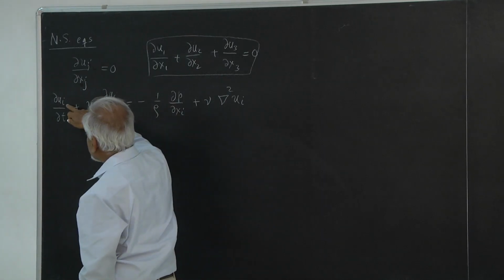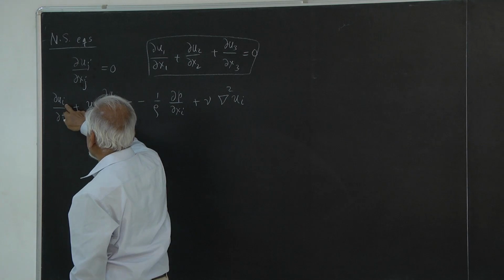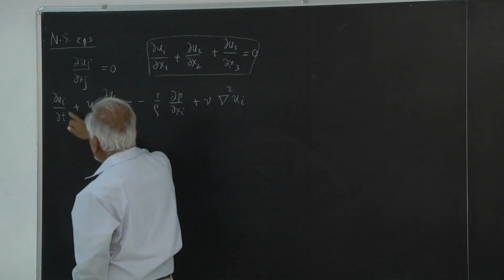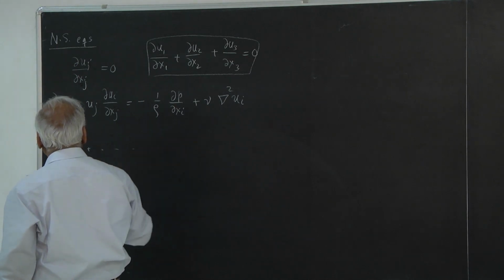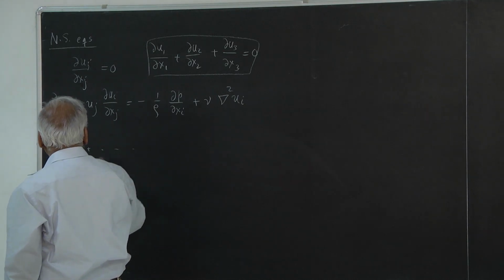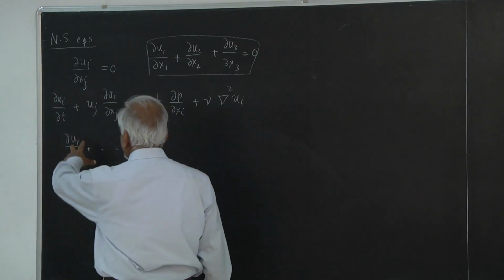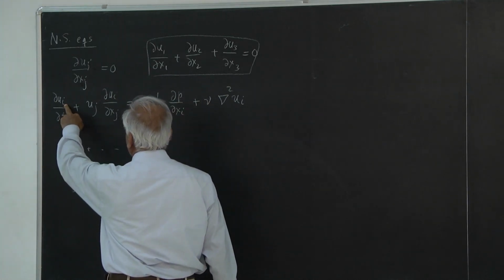And this is an equation for i in general, so you might write it as du1 dt plus all the other things. Similarly, you would write du2 dt, etc. So this is really 3 equations here for 3 different values of i.